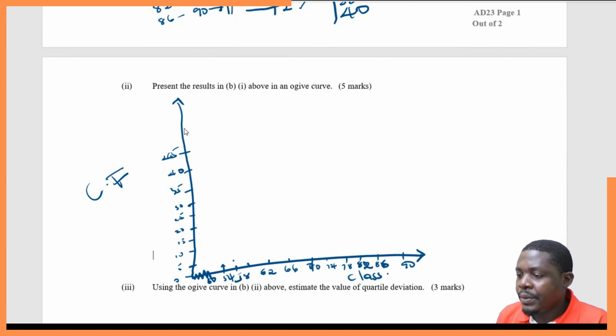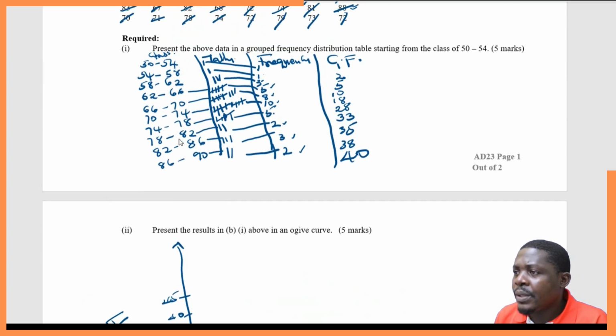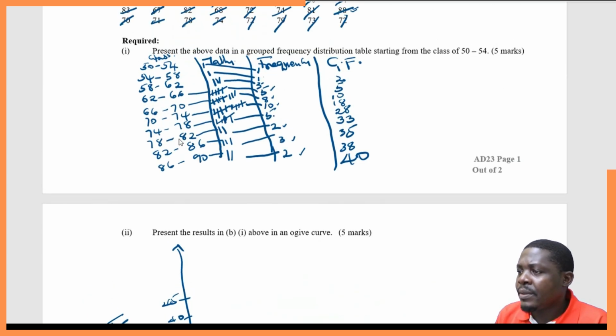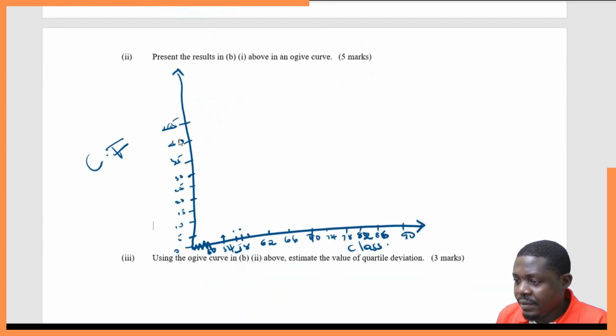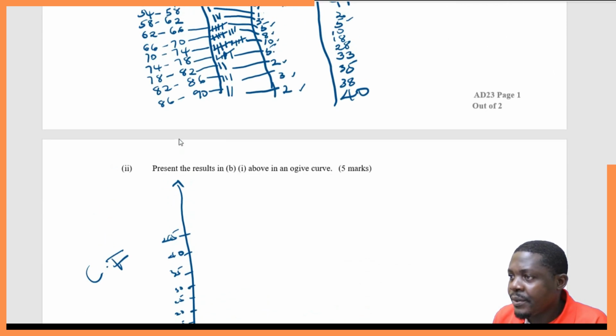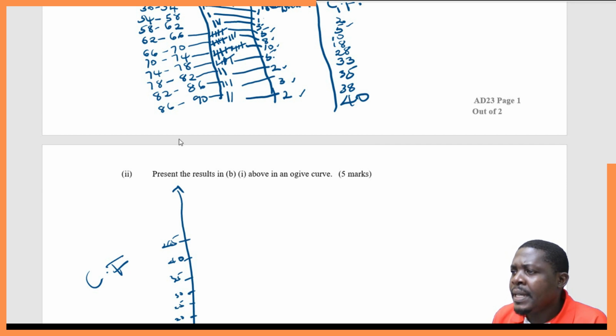And then 62, we had 5. But you can draw it correctly using the graph paper.